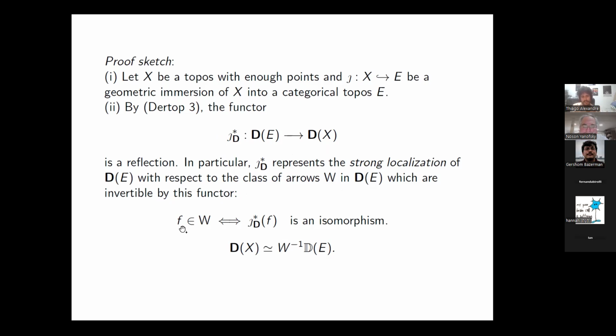Which means that an arrow f of D of E belongs to W precisely when the derived inverse image of f is an isomorphism in D of X. And D of X is actually equivalent to the localization of D of E with respect to W. Okay, so this follows from Top3, because Top3 says that this functor is a left reflective localization.